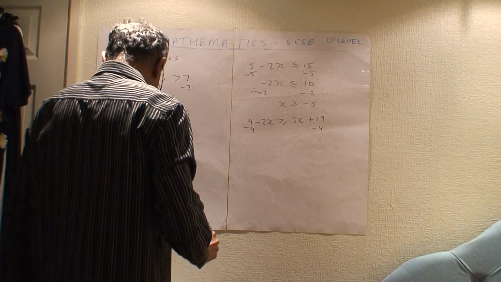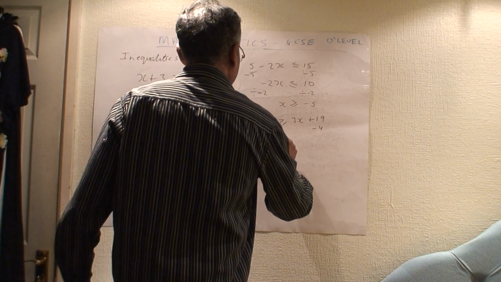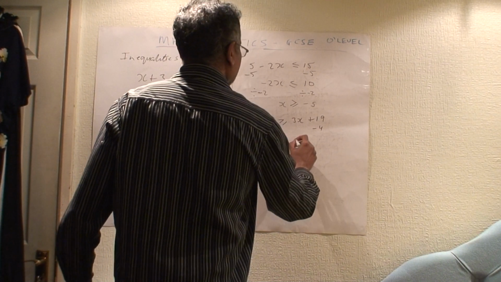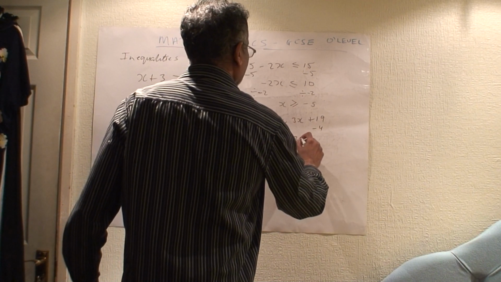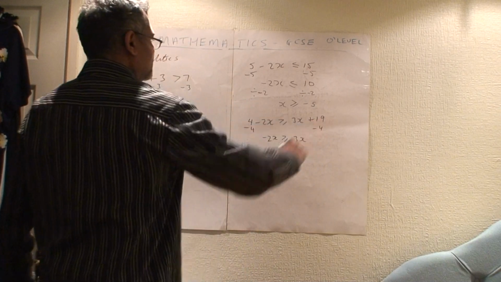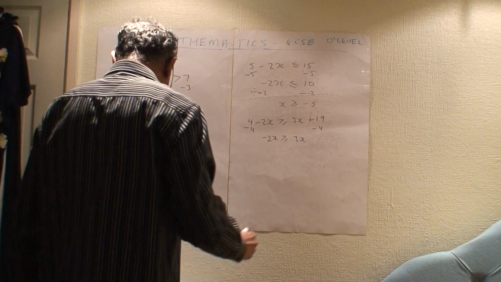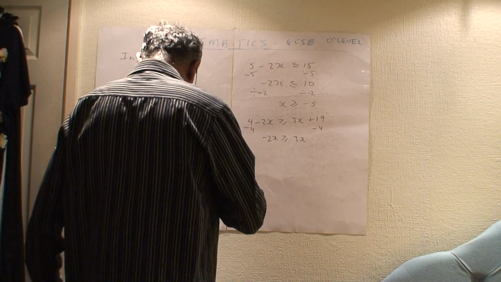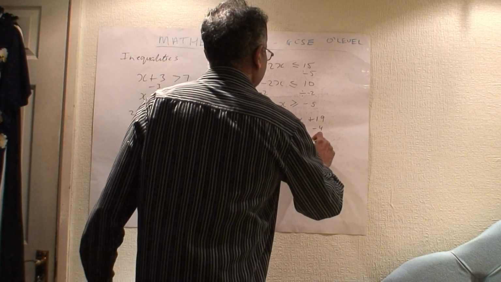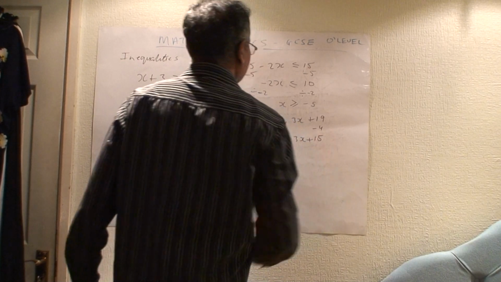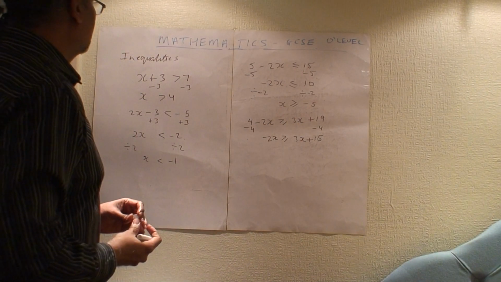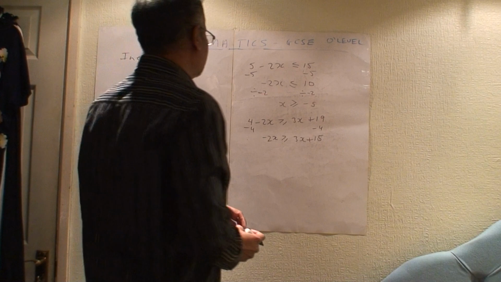That leaves us with minus 2x is greater than or equal to 3x plus 19 minus 4. That gives us plus 15.